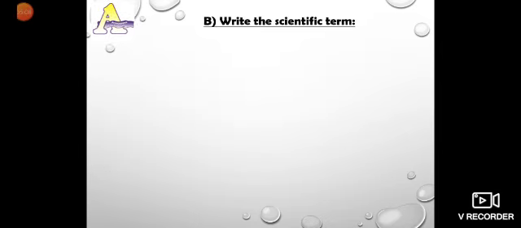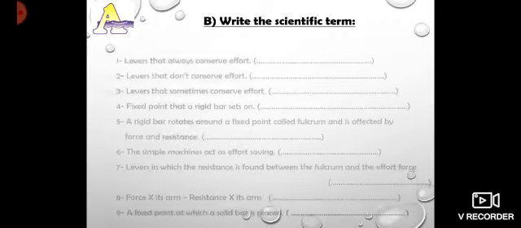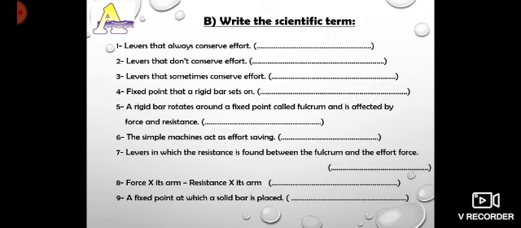Now it's time for the second question, which is: write the scientific term. 1. Levers that always conserve effort. Second class levers. 2. Levers that don't conserve effort. Third class levers. 3.